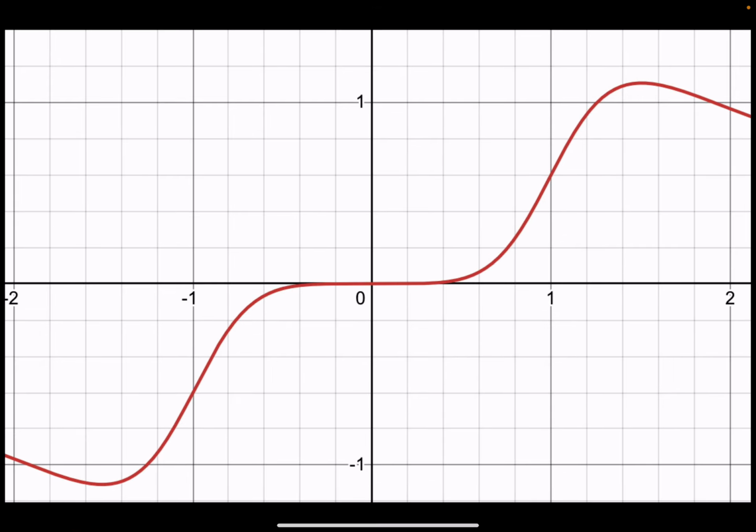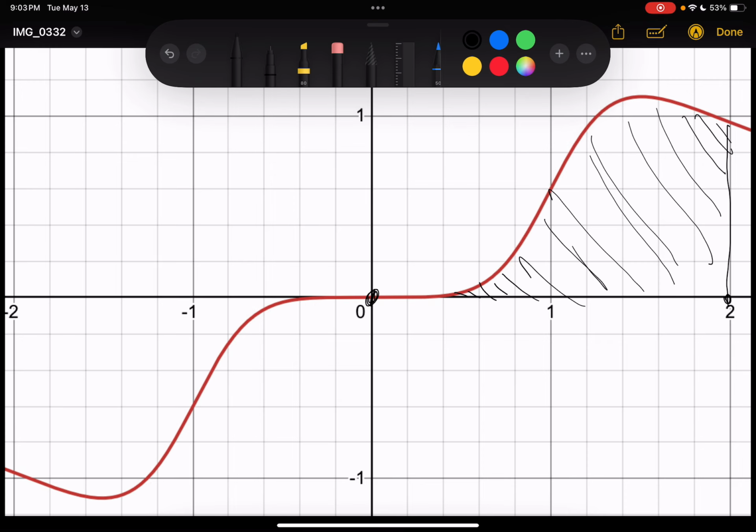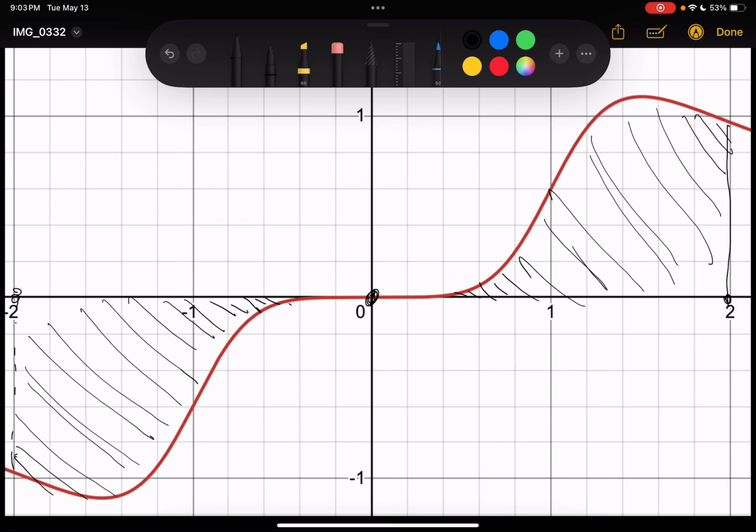Isn't the integration from 0 to 2, that means the area over here, isn't it the same as the integration from here to here? The only difference is one is on top of the x-axis and one is below the x-axis.